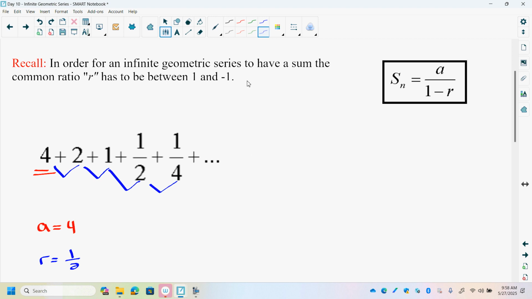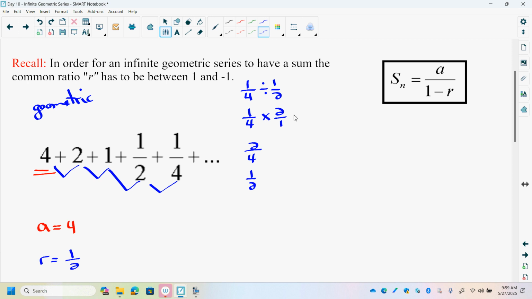Okay, just to prove, a quarter divided by a half. We keep, we change, we flip. That gives me 2 over 4, or 1/2. Okay, so I know it's geometric, wicked. So I know it could potentially have a sum. Is the R value between -1 and +1?